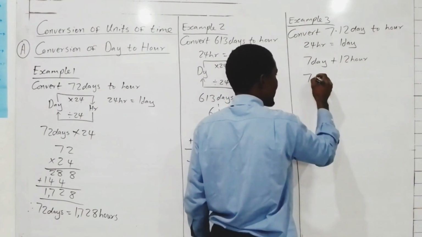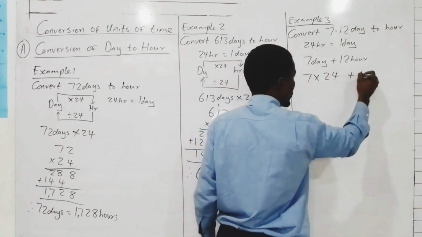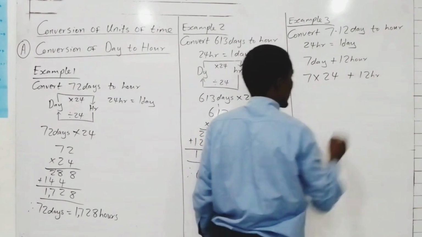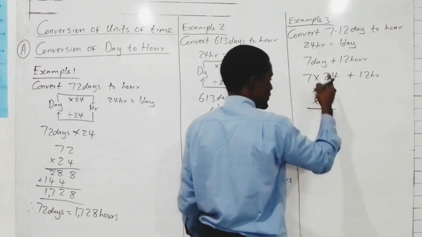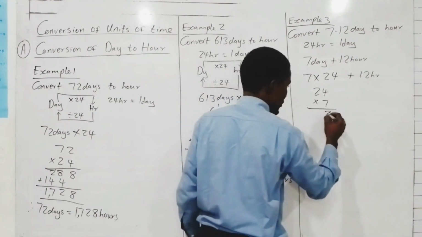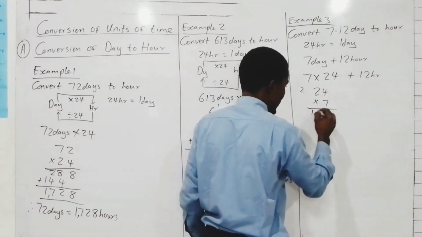So we multiply 7 times 24 plus your 12 hours. So let's take 24 times 7. 7 times 4, that will give us 28. You write your 8 and keep your 2. 7 times 2, that's 14 plus this, that will give us 16.